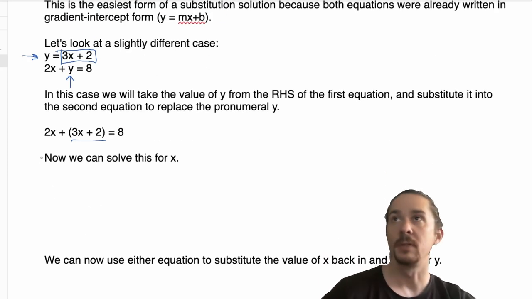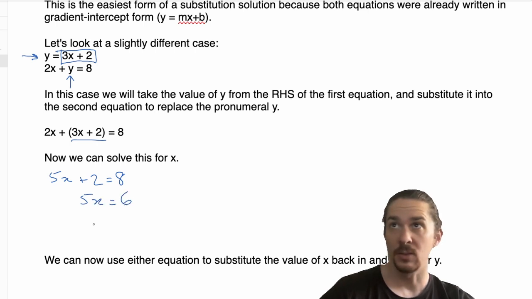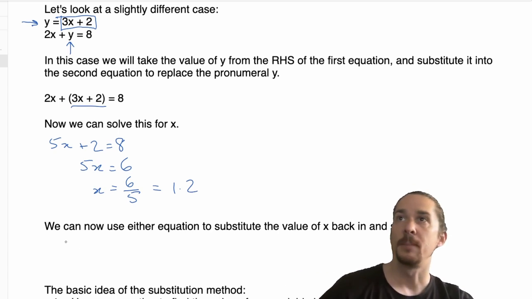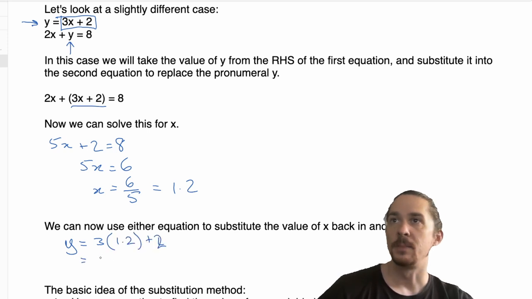So now we can solve this to find x. We'll have 5x plus 2 equals 8, which means 5x equals 6, or x equals 6/5, which is 1.2. Now we can substitute it back into the original equations. So we can say y equals 3 times 1.2 plus 2, which is 3.6 plus 2, which is 5.6.